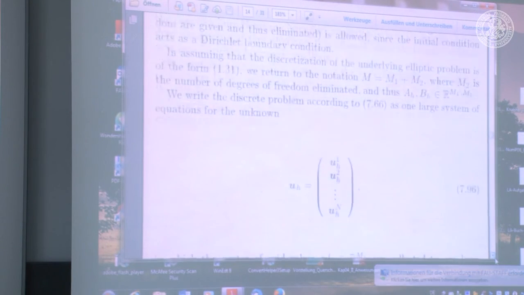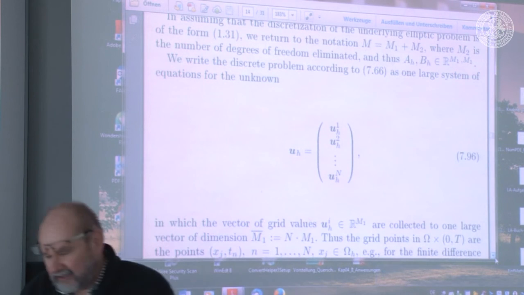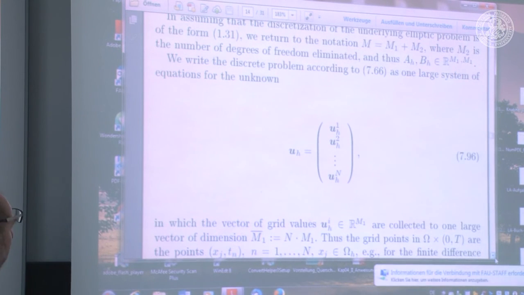So, okay, we start. So this is the long vector. So we have our time discretizations. This produces us the solution at the first time level, the second, and finally the nth time level. So we now have, these are, so to speak, our non-eliminated degrees of freedom we would like to compute, and correspondingly this M1 bar is now the new M1, if we pick up this notation and think a little bit in terms of the finite difference method, but it does not only apply to the finite difference method.